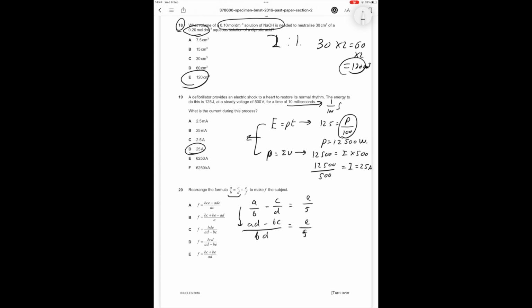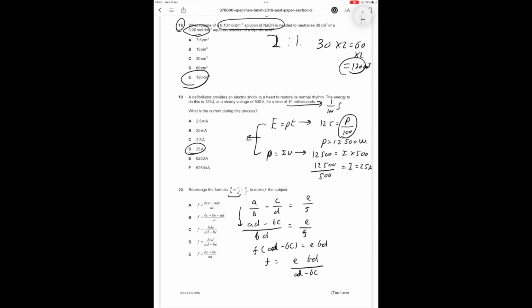So what we can do is we can say that F times AD minus BC is equal to EBD. So F is equal to EBD over AD minus BC.